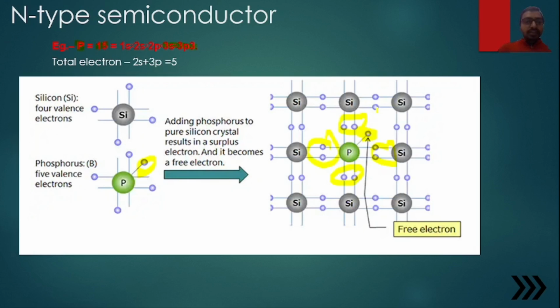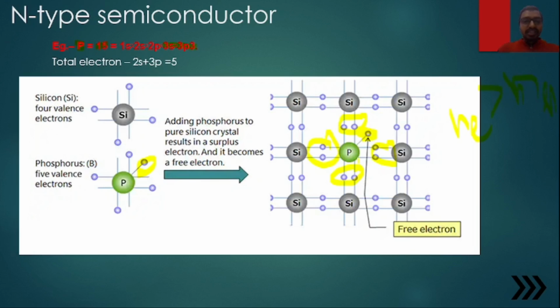So in this case you can see that the number of electrons is greater than the number of holes.